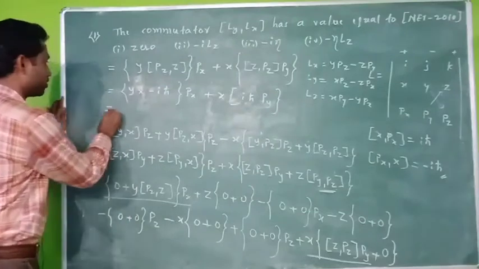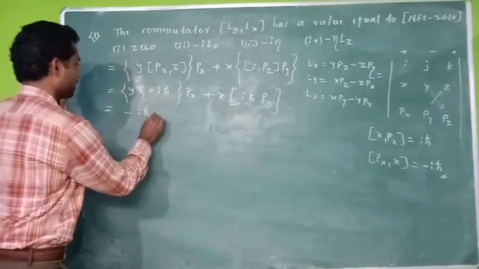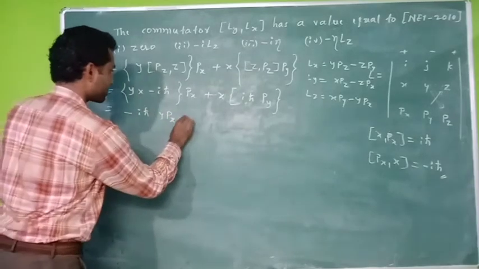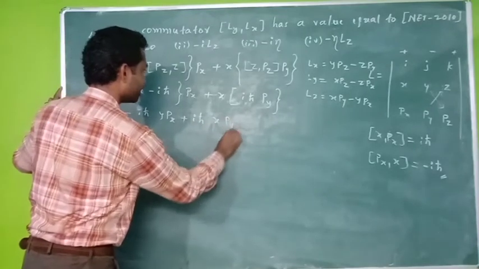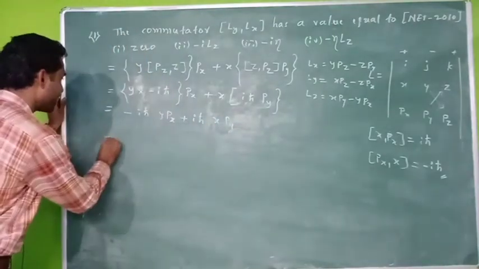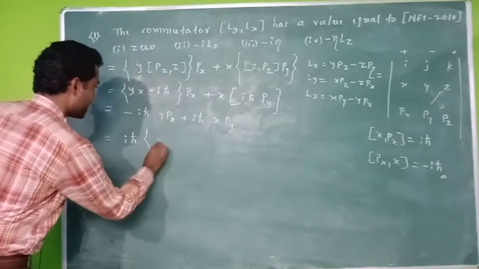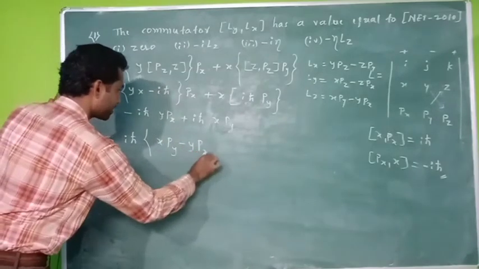right. So this is equal to minus i h bar into y px plus i h bar into x py, right. Take i h bar common, so the remaining thing is x py minus y px.